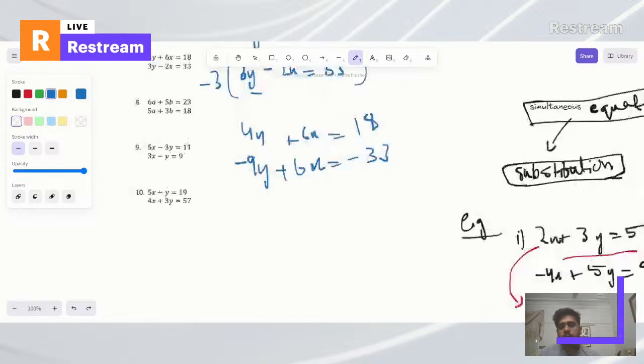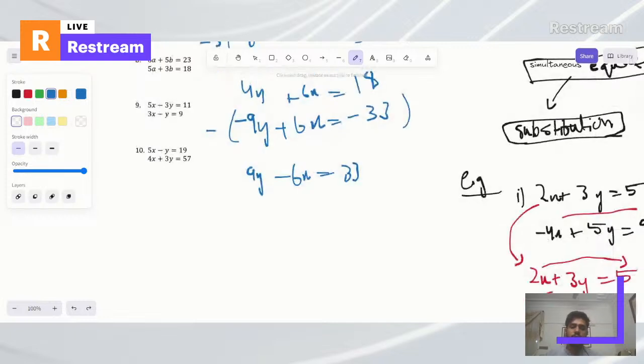So now we're going to subtract the equation below from the whole equation, so we multiply it with the negative sign. It's going to become positive 9y minus 6x equals 33.